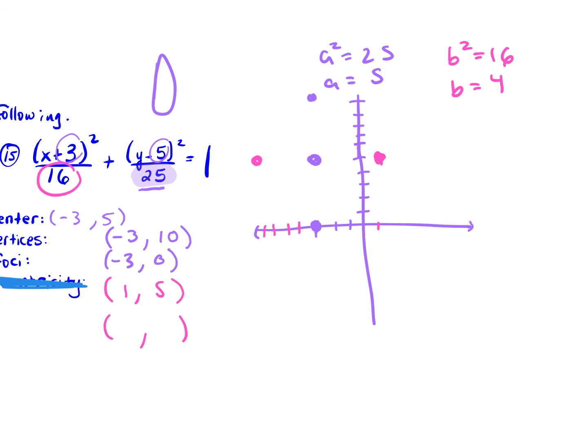And then what about our other one? -7. What's our y? 5. So those are vertices. Okay, I think it's -8. We were at -3 and we went 4 more in the left direction, so -7. Okay.